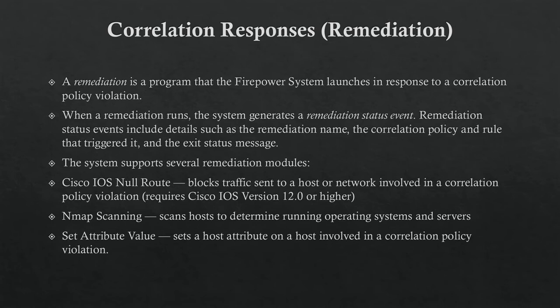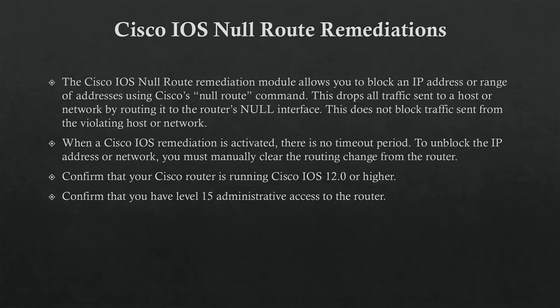Set attribute value sets a host attribute on a host involved in a correlation policy violation. This we can, like, give an attribute to a violation and take certain action on it. And there is one missing here, I didn't put it, I don't know why. It's ISE. Okay, so you can send it to ISE. So you have to enable pxGrid for ISE. Great, and the responses we set.